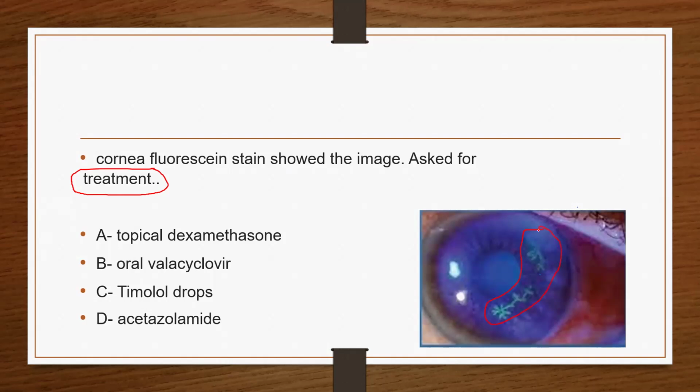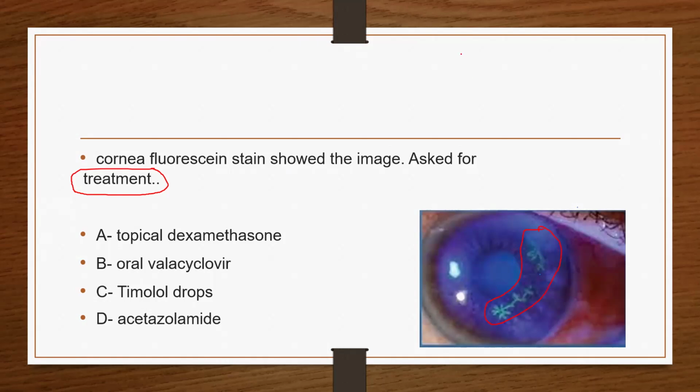Images of skin lesions, ophthalmoscopic images, eye lesions, and those things are commonly given and tested. When we do a lot of questions, you will get familiarized with the commonly tested images. This is one that was tested a couple of times. So this is a picture of a dendritic ulcer.